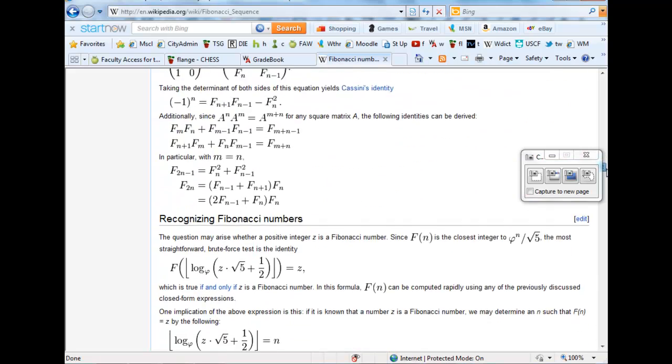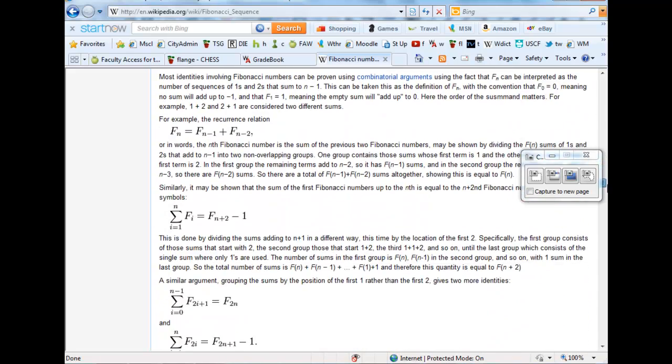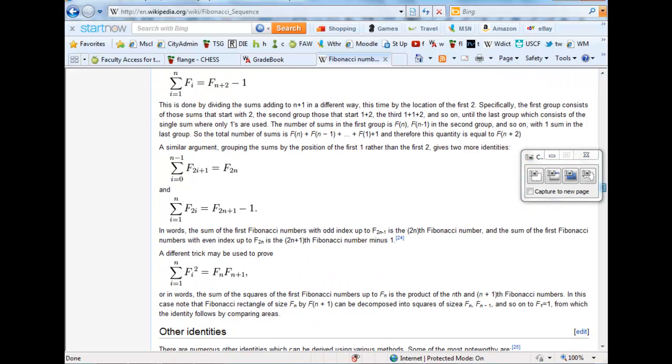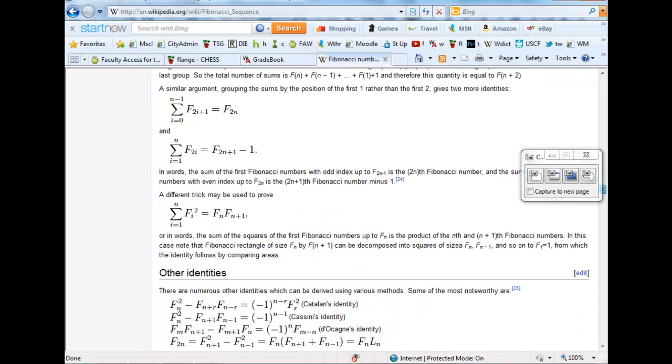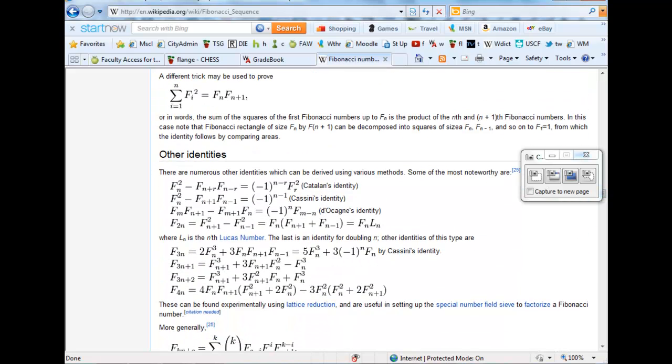Decomposition of powers of the golden ratio. Recognizing Fibonacci's common combinatorial identities. Other identities, check these out. In the Fibonacci sequence, we talked about how any one term is the sum of the previous two.